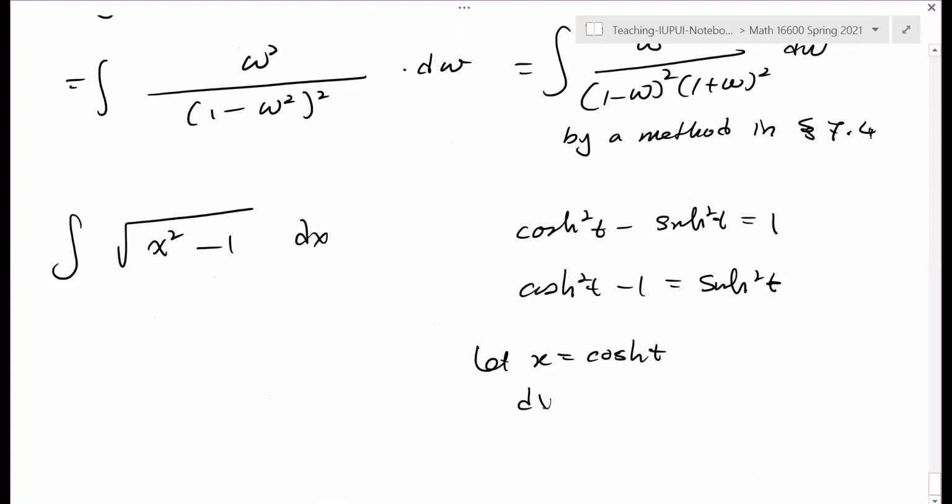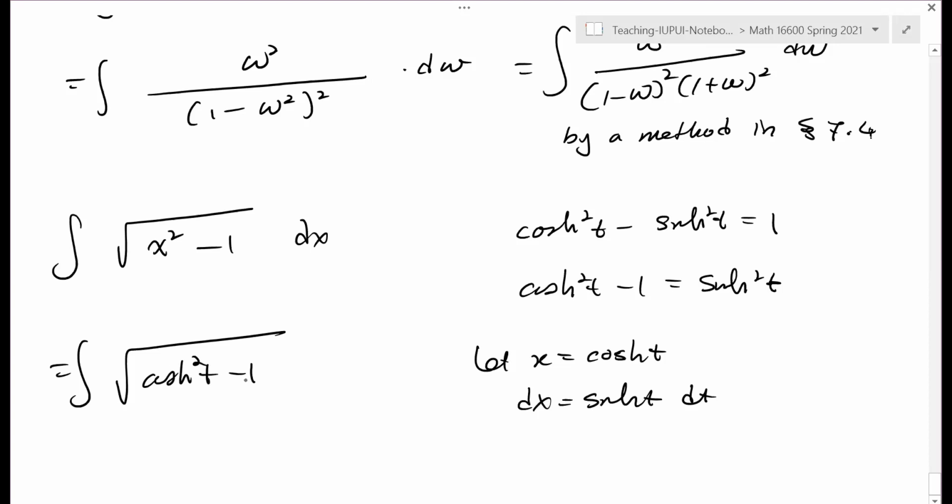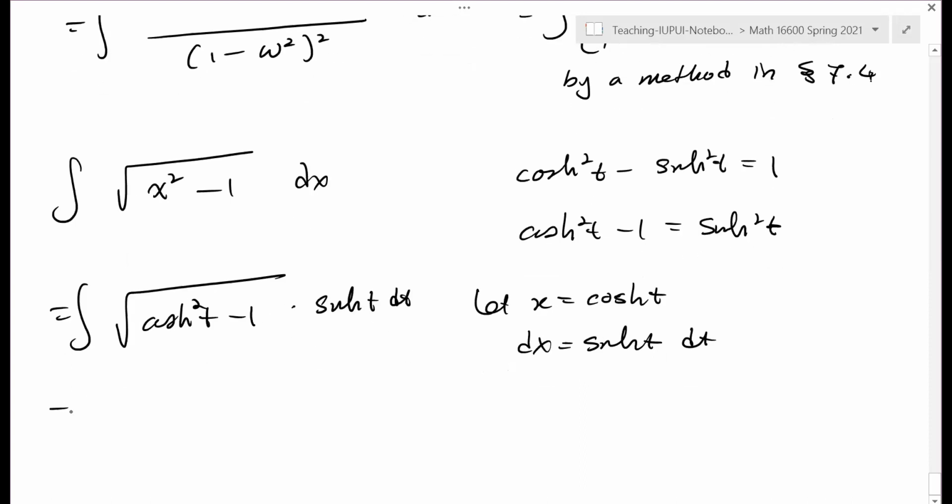So dx is hyperbolic sine t dt. That's going to be square root of hyperbolic cosine squared t minus 1, and dx is hyperbolic sine t dt. So finally, this becomes hyperbolic sine t times hyperbolic sine t dt.